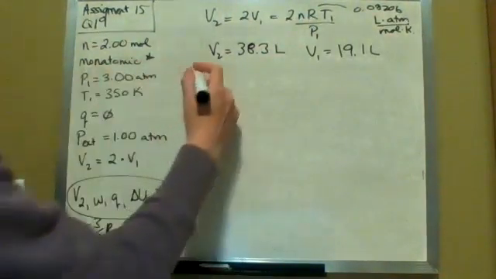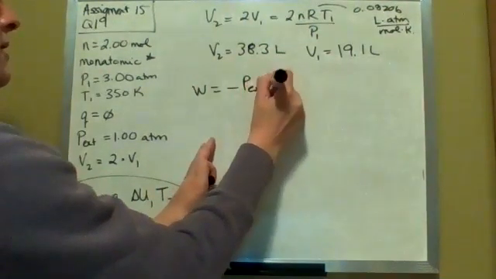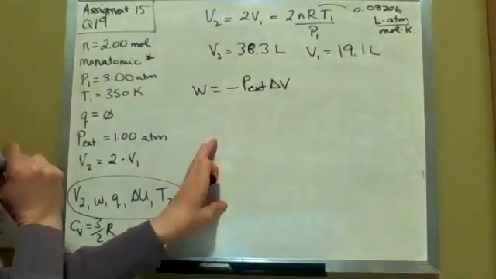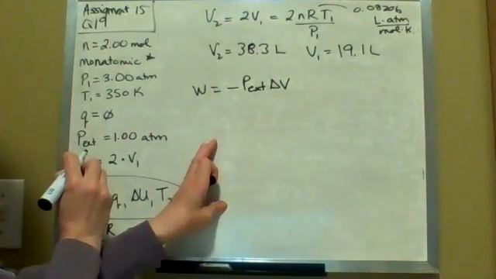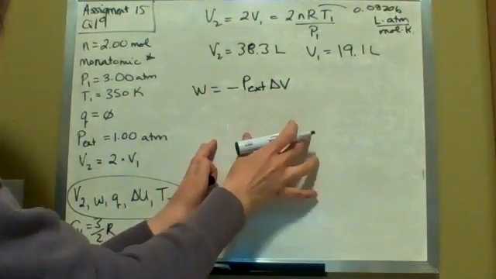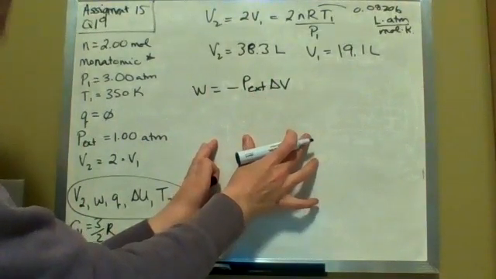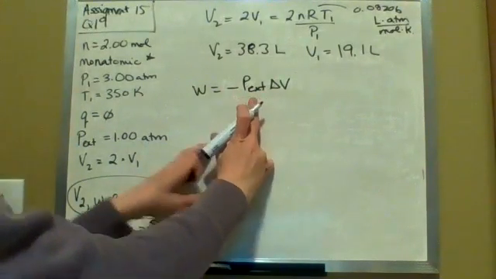Now for work, equals minus P external delta V. Remember that question of units, you really have to watch out here. And it's okay to use whatever units here, just watch what your units are going to be at the end. We want to have work in joules at the end, okay? So if we're going to use atmospheres here, totally fine.